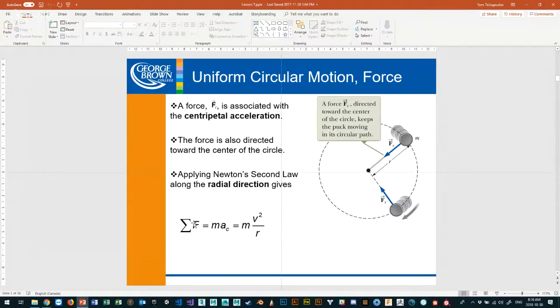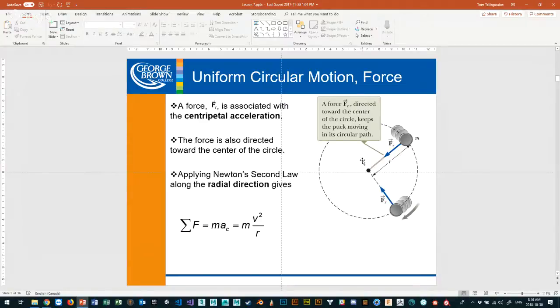You can see here that we have some kind of particle that whips around this area, and you've got the force going towards the center. The sum of all forces is equal to mass times the centripetal acceleration, which is equal to mass times v squared over r. So you can re-simplify our formula for the sum of all forces going towards the center of the circle. Does that make sense?